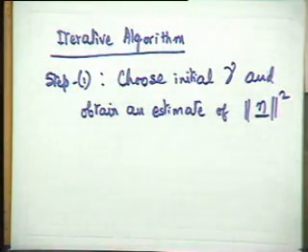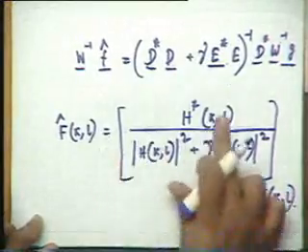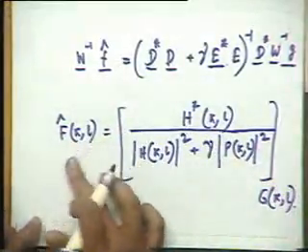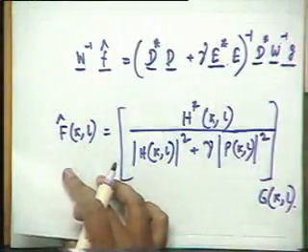Since you know what gamma is, what you will simply do is compute F hat, and then using this gamma you will be able to compute this expression. That means you will be able to compute F hat of kl.